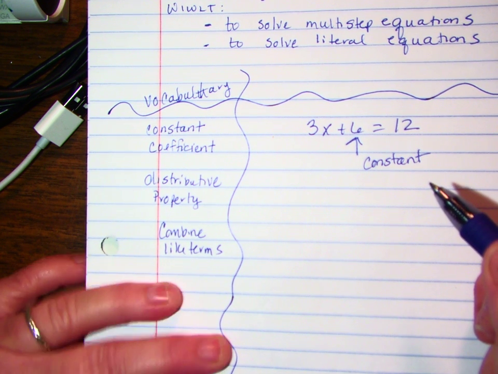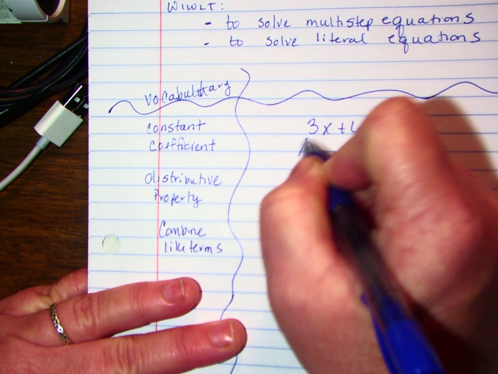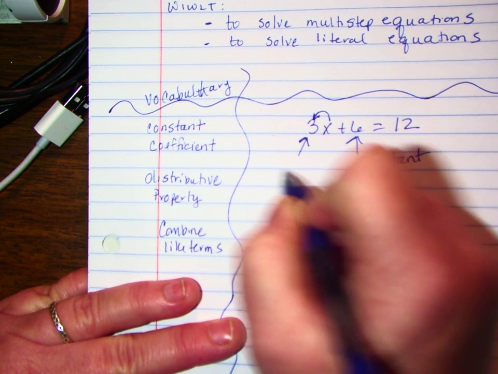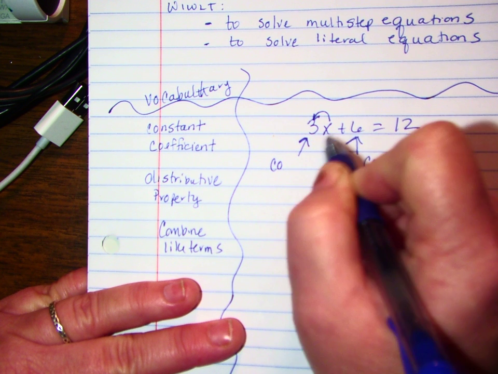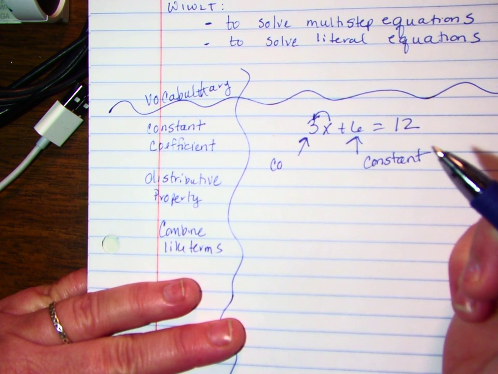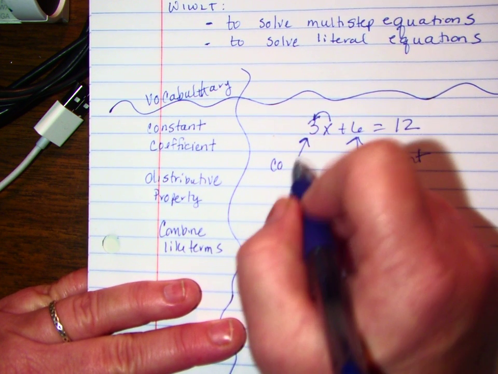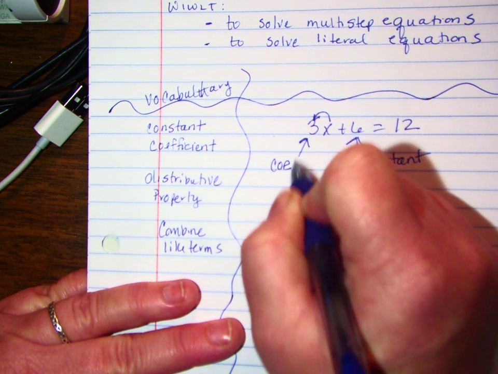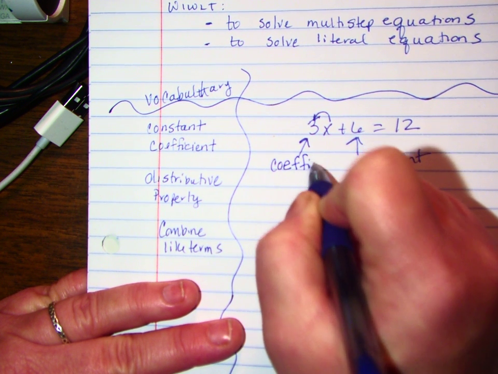And then this one, the number in front of the variable, is called the coefficient. That makes sense because they cohabitate together with the variable.